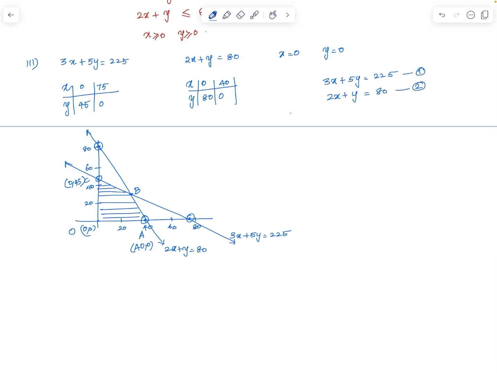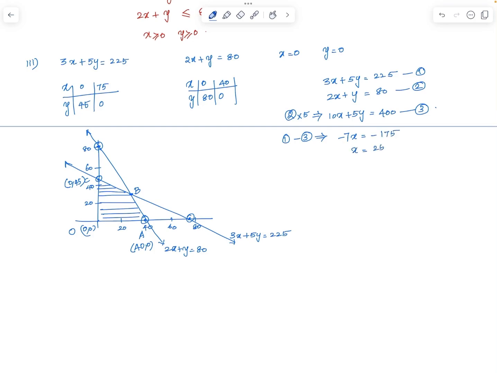Multiplying the second equation by 5, 10x plus 5y equal to 400. Let's name this as 3. Now equation 1 minus equation 3 gives minus 7x equal to minus 175.